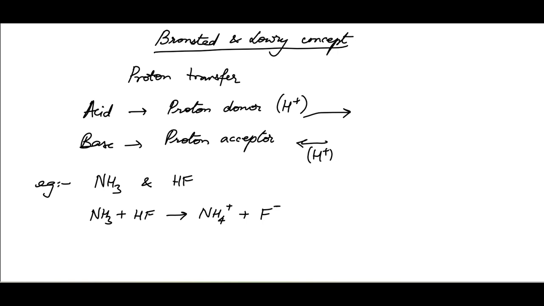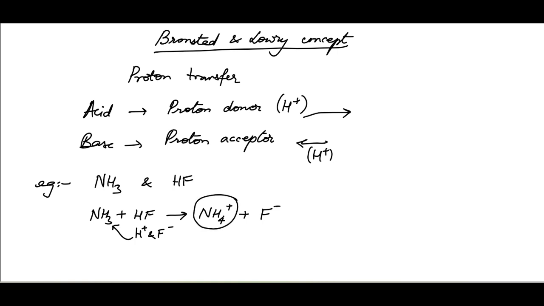Now, because ammonia is accepting a proton, NH3 plus H plus, we can imagine HF converting into H plus and F minus, and this H plus goes to ammonia. So this is a proton acceptor, forming NH4 plus.